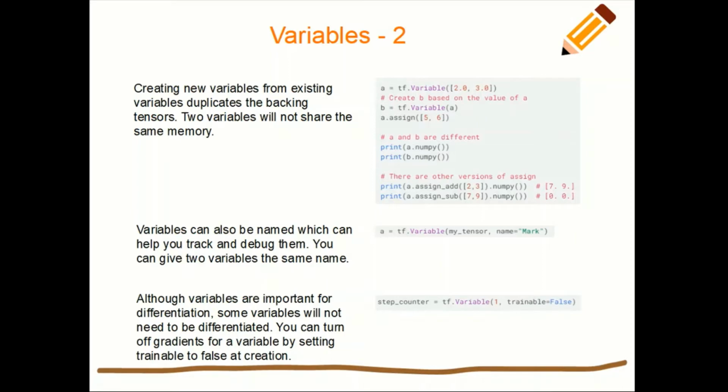Okay, now variables represent weights in the network, right? But there are situations when we do not want variables to be updated. For example, there is a concept of transfer learning, right? So there are pre-trained models.